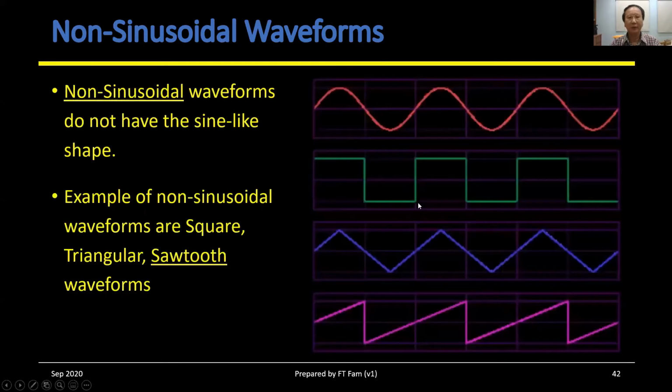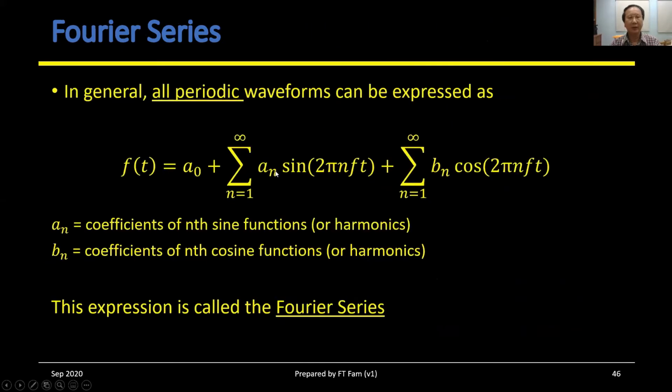So for the Fourier series, the an and bn are coefficients which can be any value. Different values will determine what type of shape. And also a0 is actually the DC value. It's just like y equals mx plus c, this is like the c. So if you change this a0, it will shift the waveform up or down.